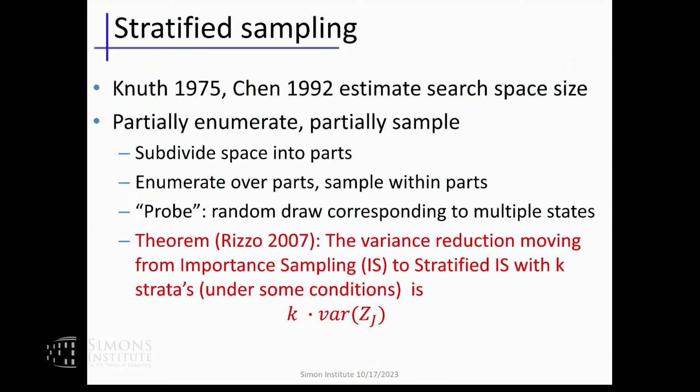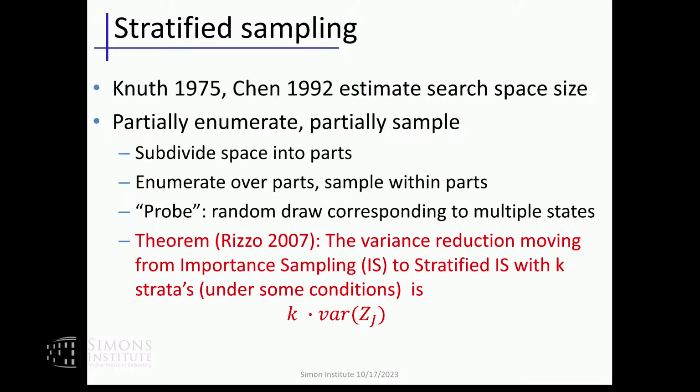This idea is coming from work by Knuth and his student Chen on estimating search space sizes. Knuth introduced this sampling approach to estimate the size of a backtracking search tree if you're trying to solve a constraint satisfaction problem.